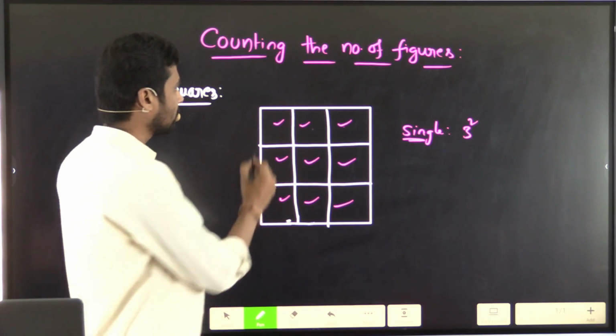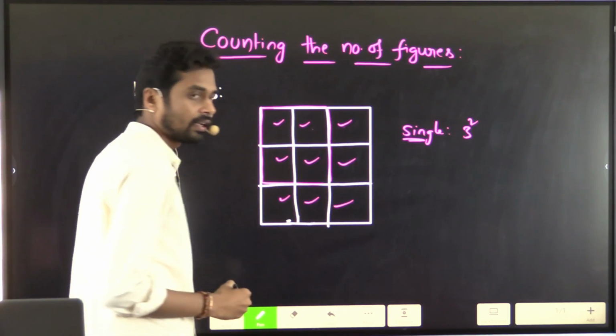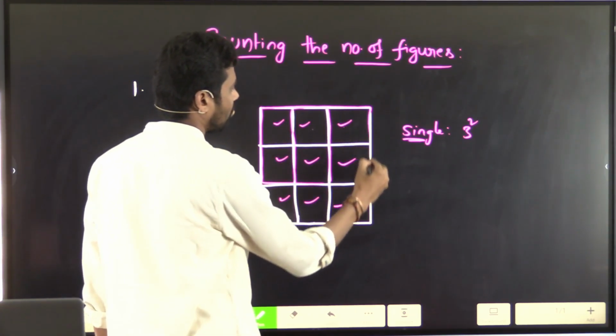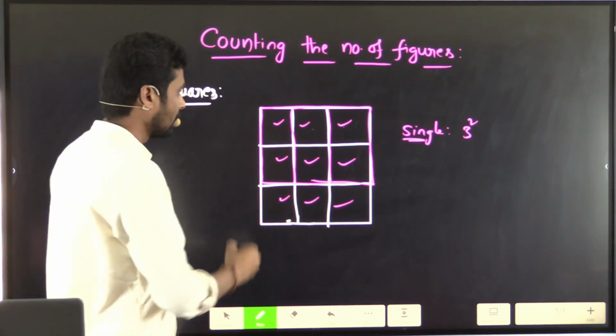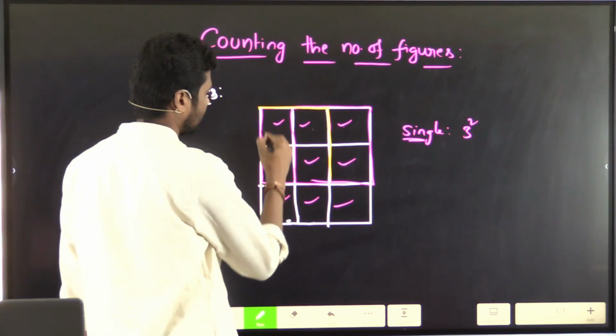Similarly, if you take 2 boxes at a time, horizontally we have 2 boxes and vertically we also have 2 boxes, right?